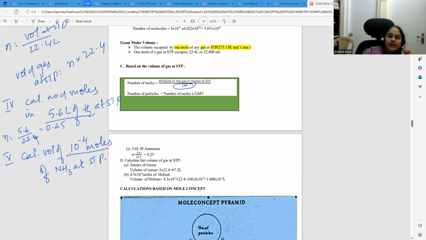What's the volume of 10 power minus 4 moles of ammonia? We said number of moles into gram molar volume. So 10 power minus 4 into 22.4. So what is the answer? Will you leave it as 22.4 into 10 power minus 4? You have to arrange it in scientific notation. So 22.4 and 10 power minus 4 will be 2.24.